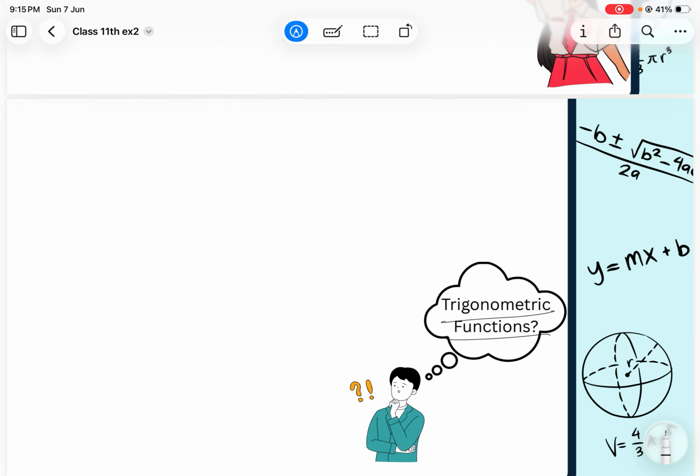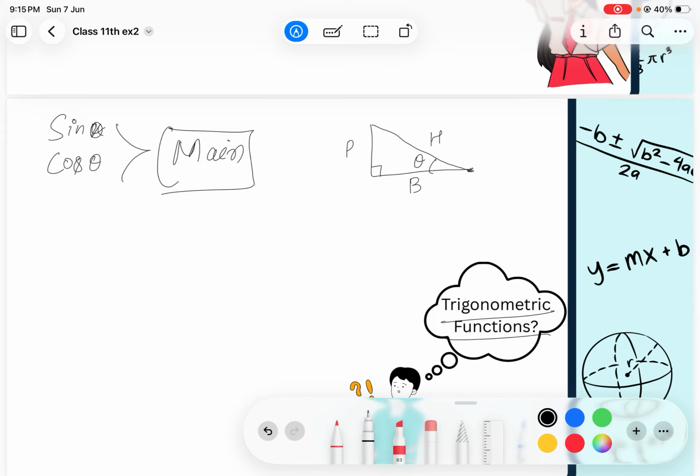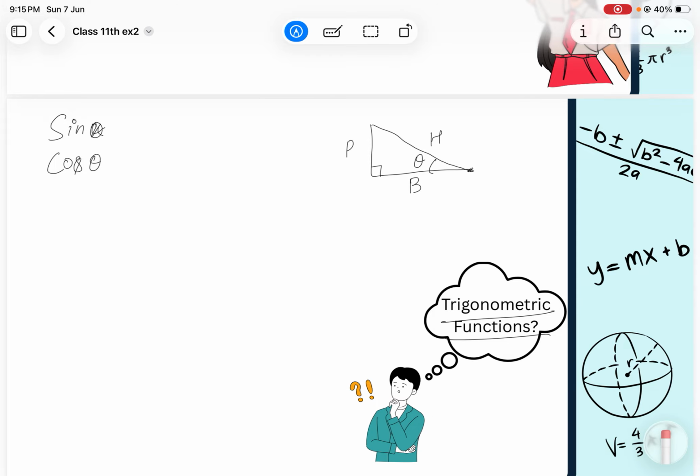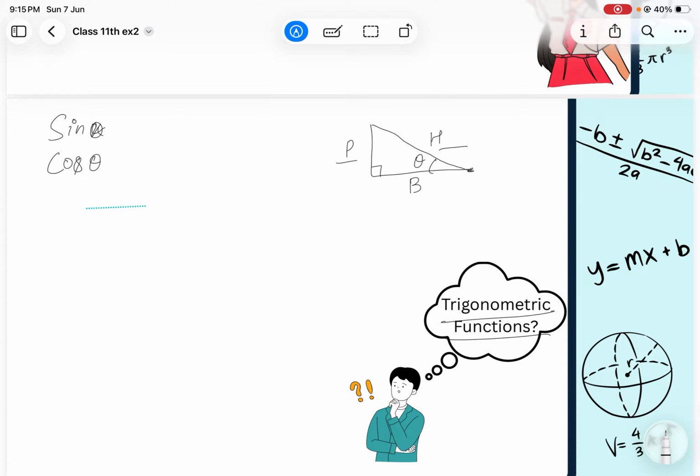So in 10th we have already studied trigonometry. There is sin x, or you can say sin theta, and cos theta. These are the two main functions, right? So if we have a right angle triangle like this, just ignore the drawing, and this is the right angle, this is perpendicular, base, hypotenuse, and suppose we have theta here, then sin theta will be perpendicular by hypotenuse, right?